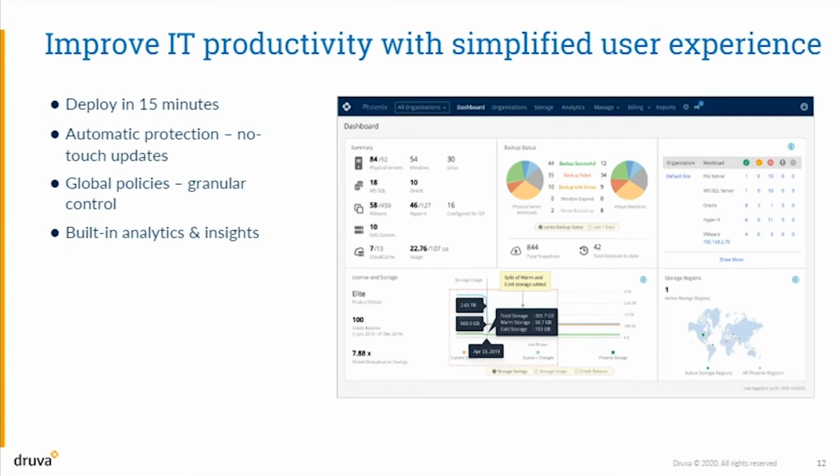And finally, what you see on the right is a picture of the overall dashboard that you might use. We have built-in analytics and insights that help you understand what's happening at a per-office level, or even more granular. But also insights that help you understand what's happening at a storage level, and specifically trends that are occurring at a storage level that can help you reduce the amount of storage you're consuming.